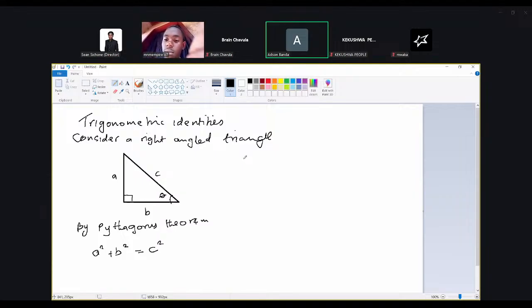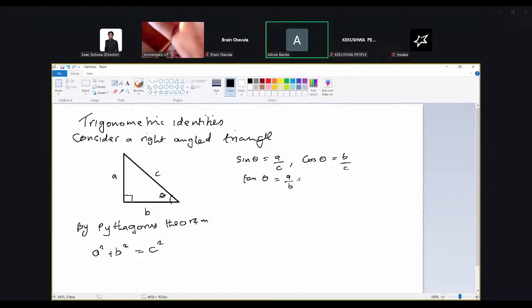We have sine theta is equal to opposite, which is A, over hypotenuse, which is C. Also, the cosine of theta is equal to adjacent, which is B, over hypotenuse, which is C. Of course, we can think of the tangent, and the tangent here is just the opposite, which is A, over adjacent, which is B.